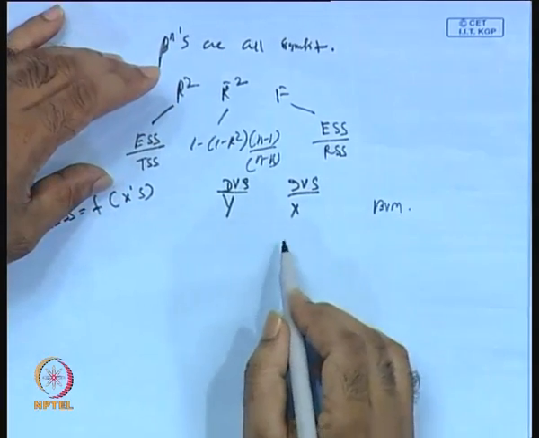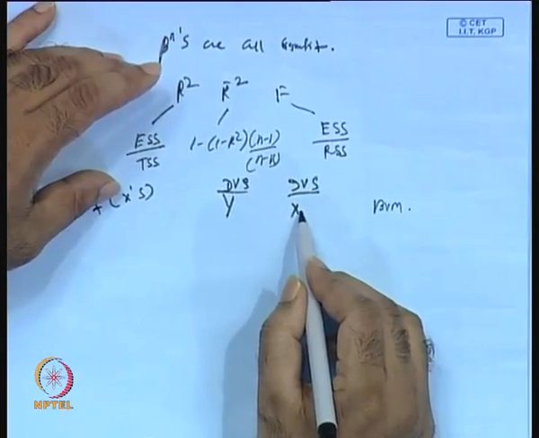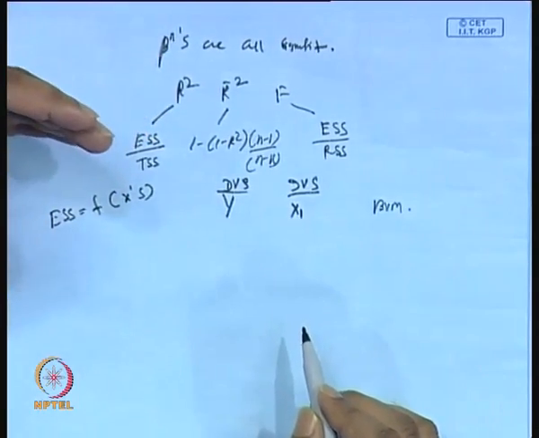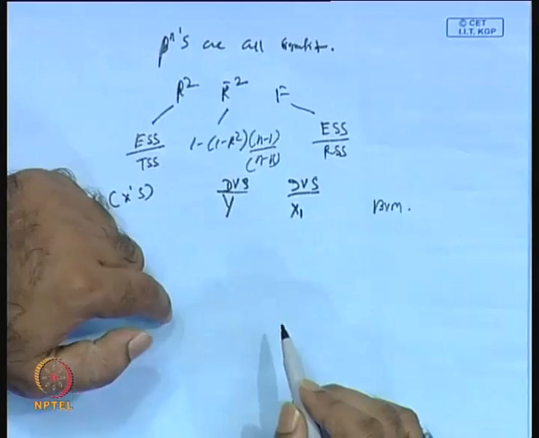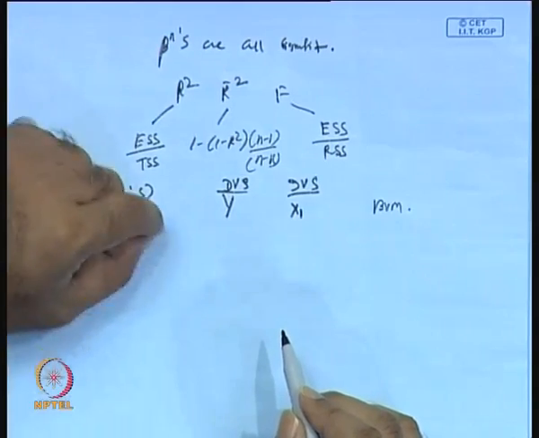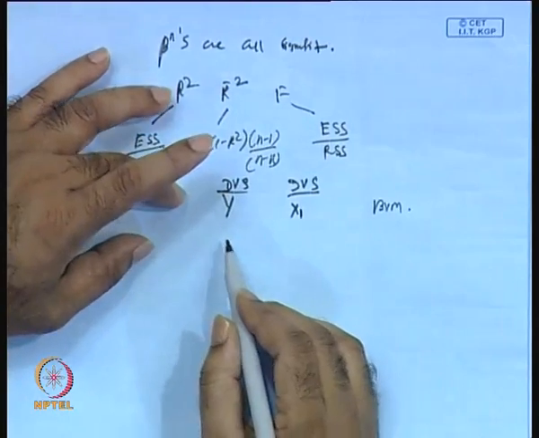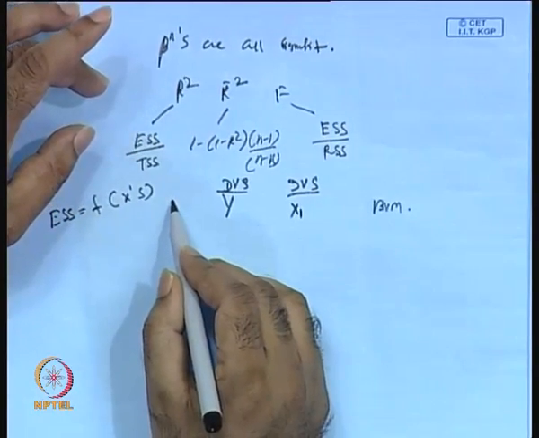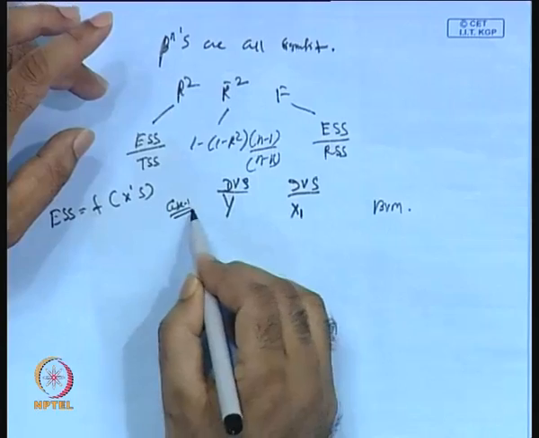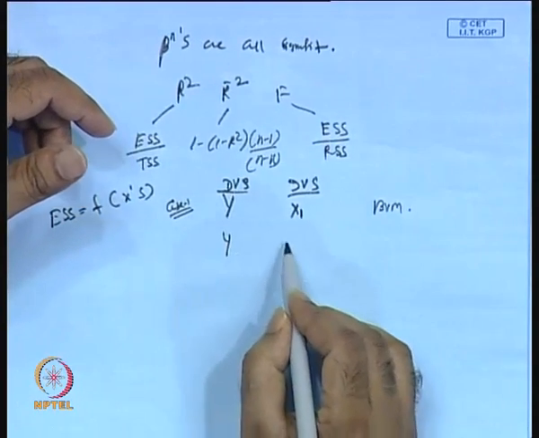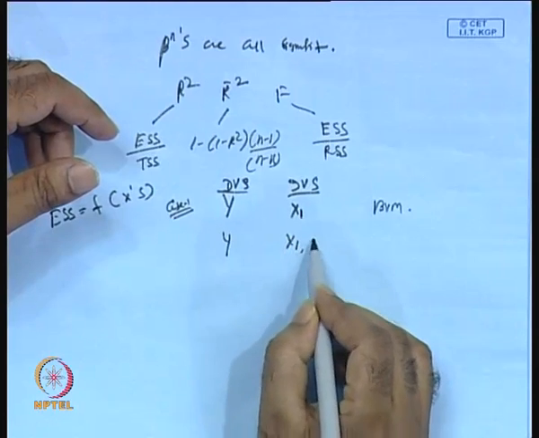Instead of x I will put x1, because altogether we are discussing the multivariate problem. So y equal to x1 is the starting process. Let us say it is case 1, or step 1. Then the next step is y equal to x1 and x2.